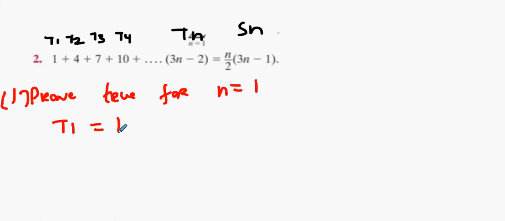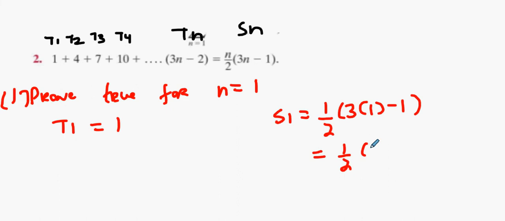Is that alright? And what does that mean for the right hand side? We're going to pretty much take S1, which is 1 over 2, 3 times 1, take away 1, a half of 2 equals 1.